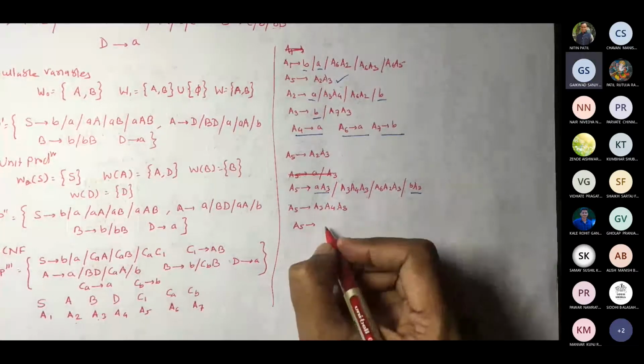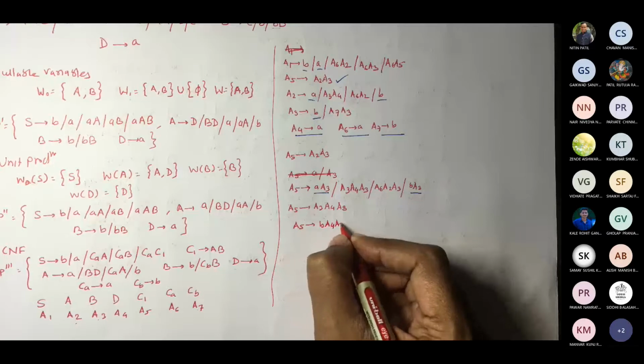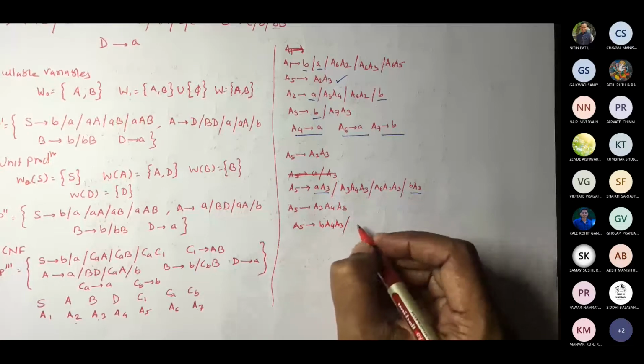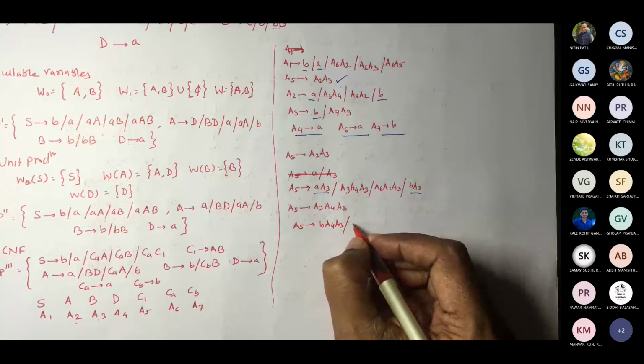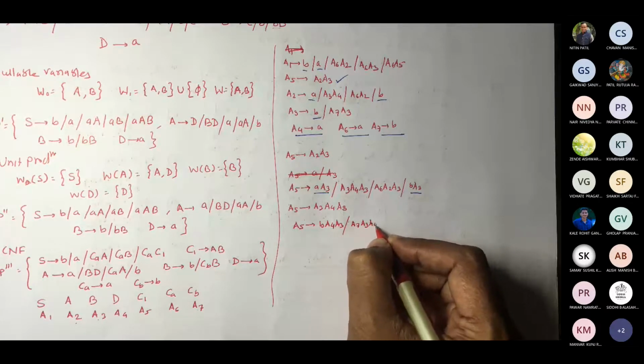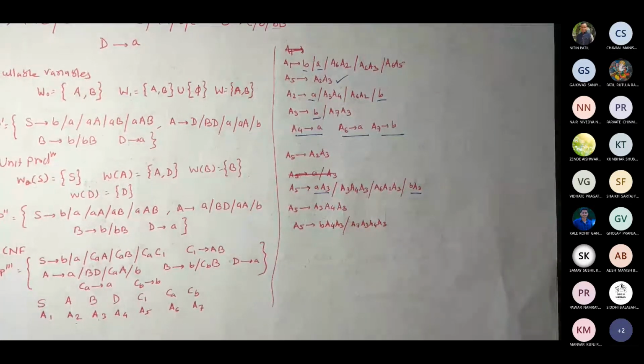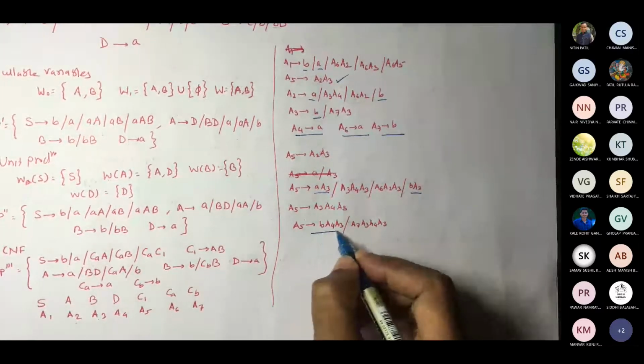So you put A7. So A3 gives B. So B, A4, A3. Then A7, A3, A4, A3. Correct? So this is also done.